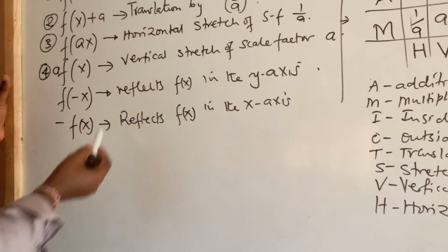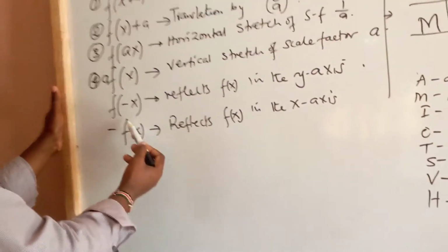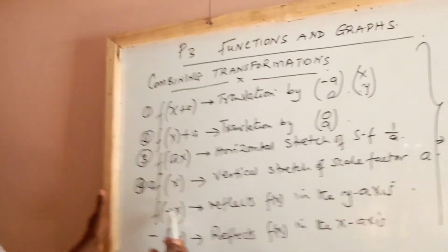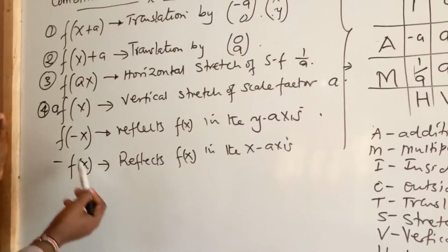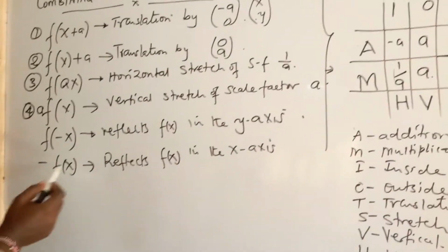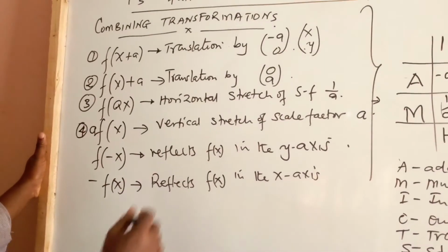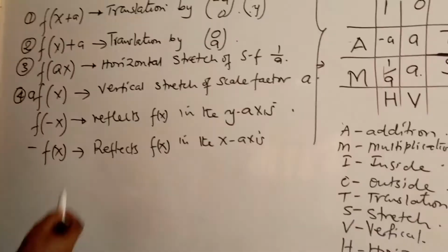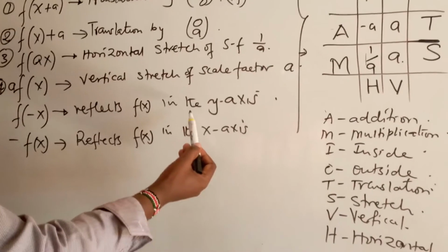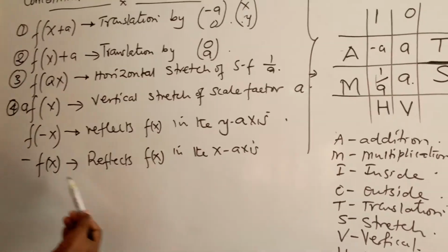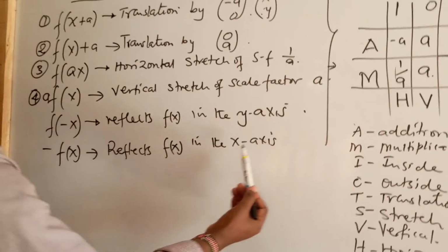So when you consider this, this one is captured here, only that our A is now -1. And this one is captured in our part 4, only that our A is -1. So the same thing happens, but these are quite specific because this one reflects f of x in the y-axis, and this one reflects f of x in the x-axis.